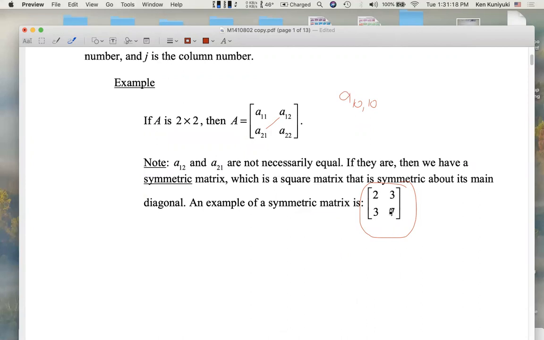So for a symmetric matrix, the idea is that when you look at the main diagonal, the entries that face each other across the main diagonal are equal. So the threes here face each other. Symmetric matrices are extremely useful in higher calculus, statistics, and so forth. They have great properties.